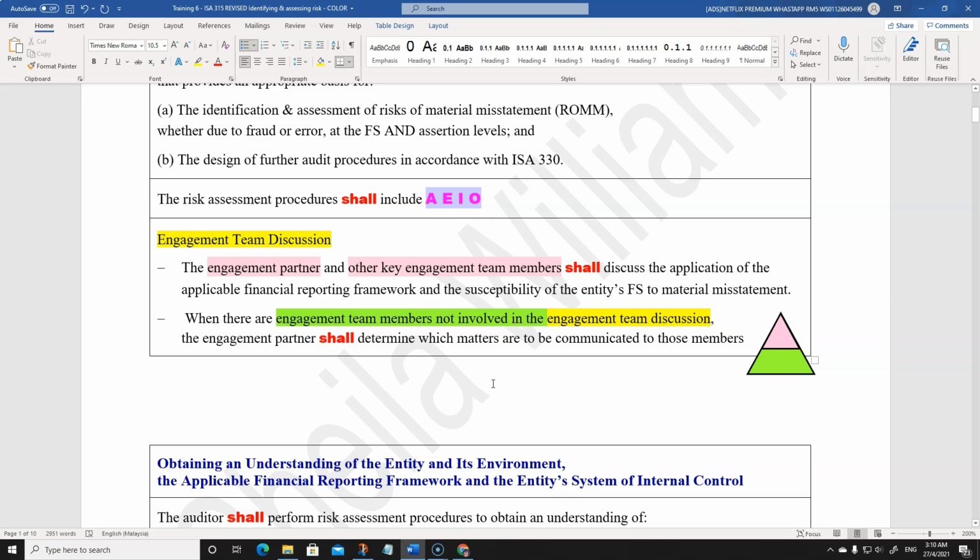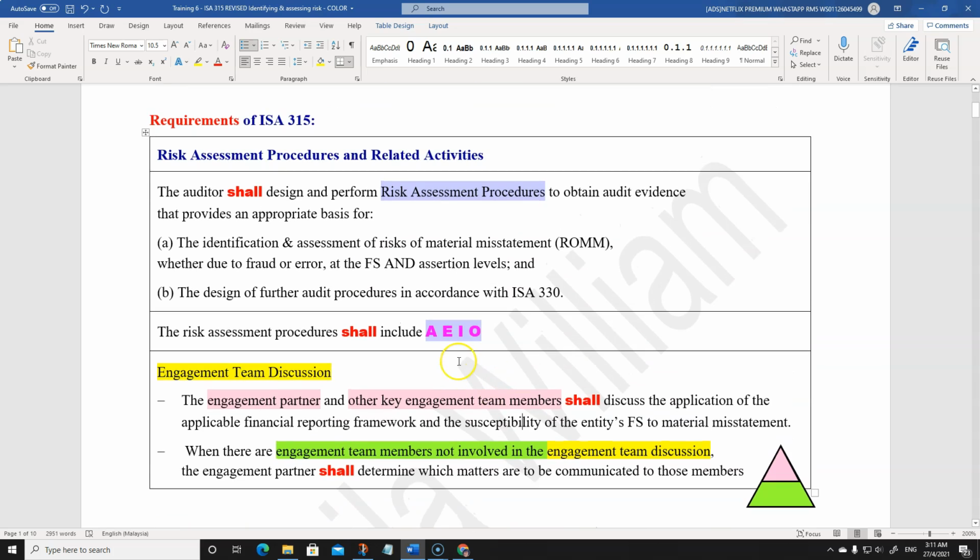And this is normally communicated to them during the audit planning meeting that we just saw in ACCA 300. So that's the first part. What's the first part? We need to carry out risk assessment procedures, and there has to be that engagement team discussion to discuss which financial statement items might be materially misstated.